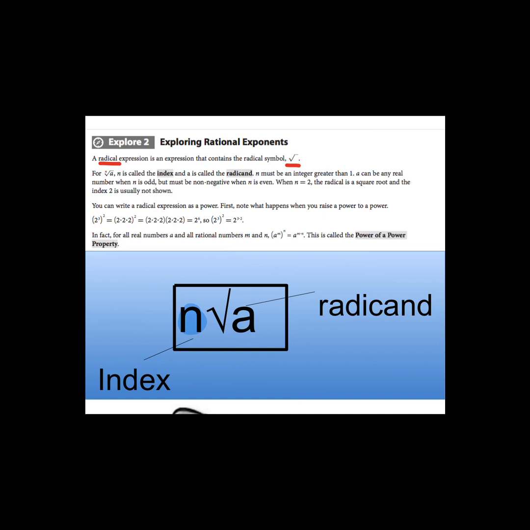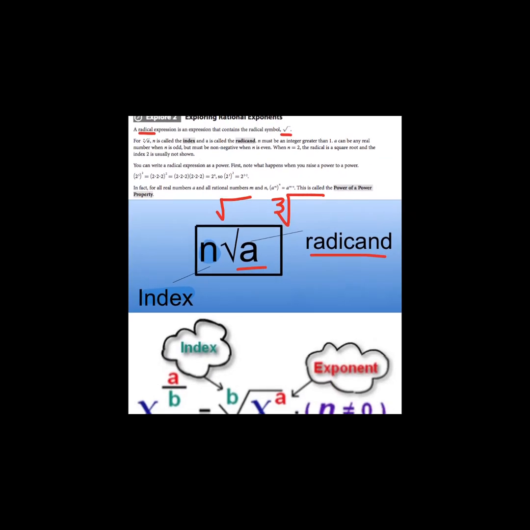When there's nothing, by the way, it means 2. That's a square root. So usually when you write this, it means square root when there's no number outside. So this is the index. So for example, if this number is a 3, the index would be 3. That's a cube root. And then the number inside is called the radicand. So that's the radicand. And those are the components.